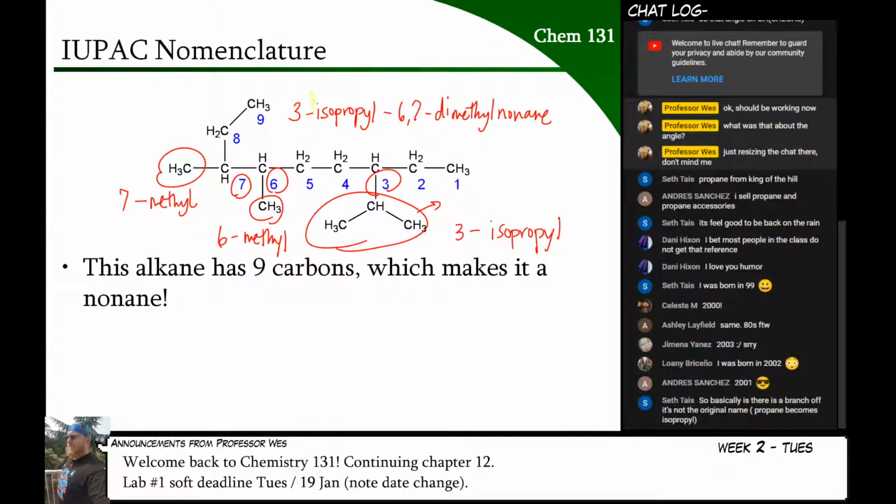Okay, so here's this group. Here are my methyl groups. That's this part. And then the longest chain was a nonane. That's this part.